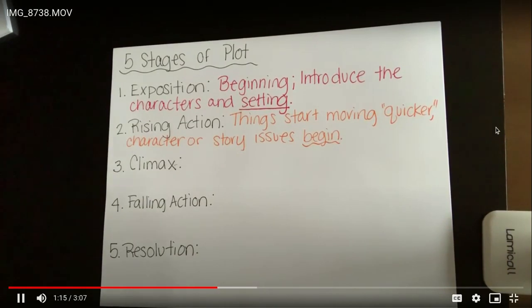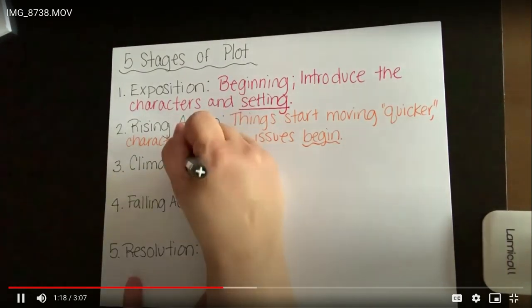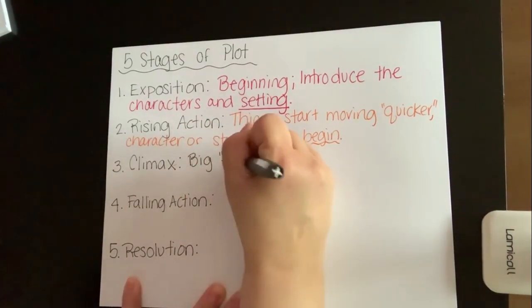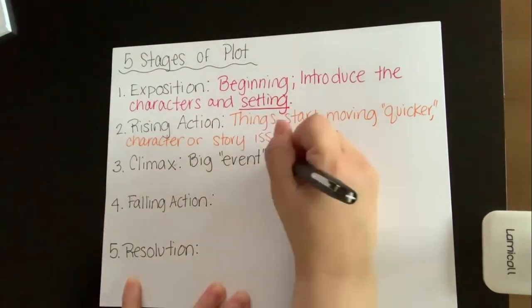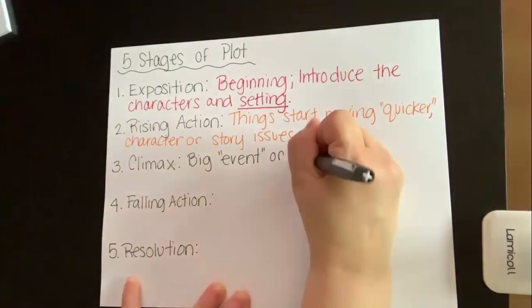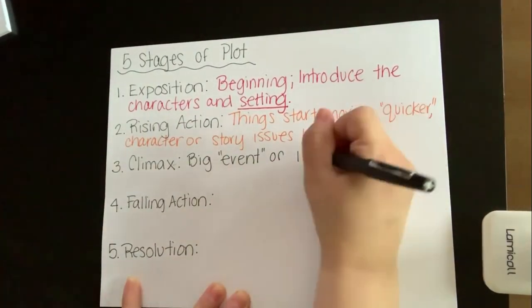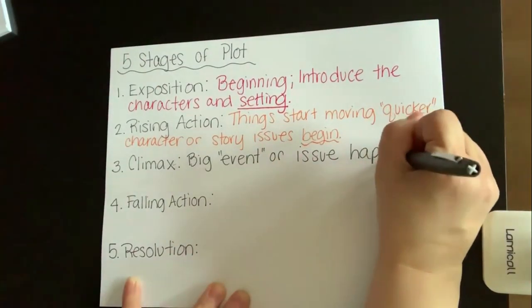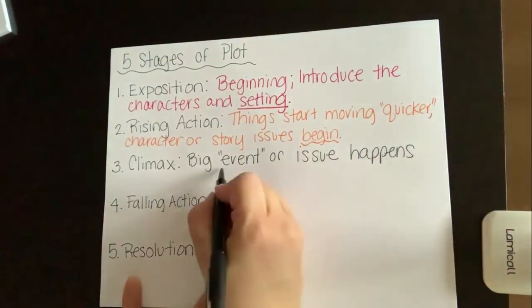Once you get from rising action to when the main stuff happens, that's the climax. It could be a big event, maybe a big fight or an argument. It can be an issue that the main character is overcoming, like perhaps the main character is getting bullied.